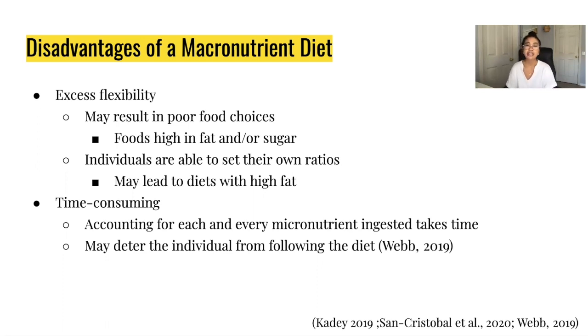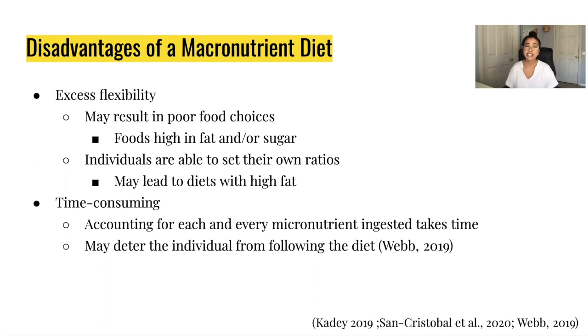And while there's guidelines for macronutrient compositions, an individual really has the responsibility of setting their own desired ratios. So in theory, the proportion of fat compared to carbohydrates and proteins can be substantially higher.